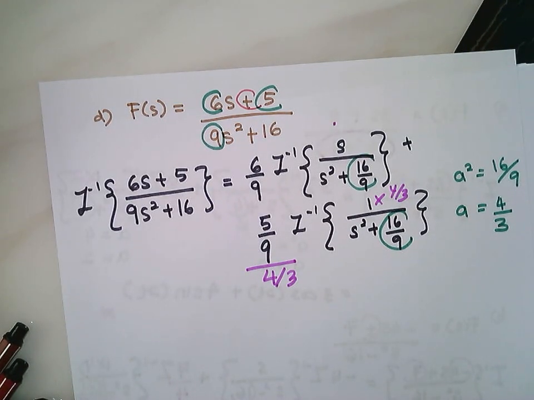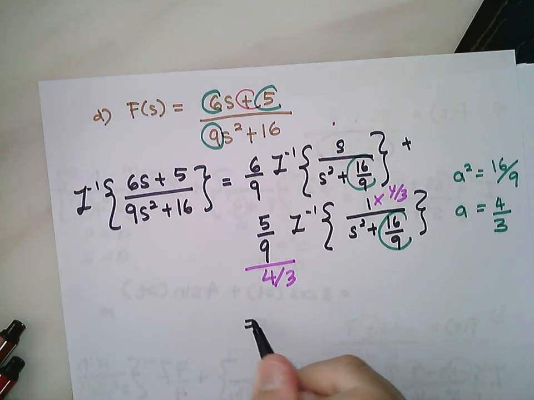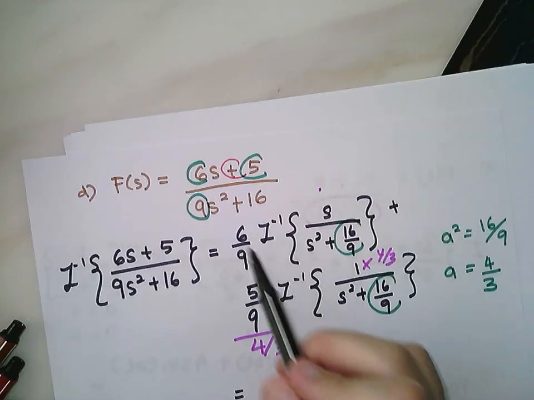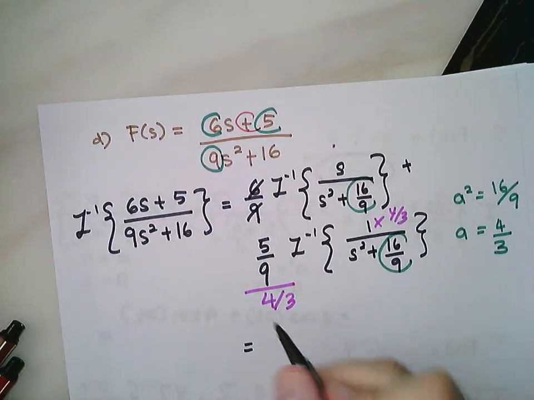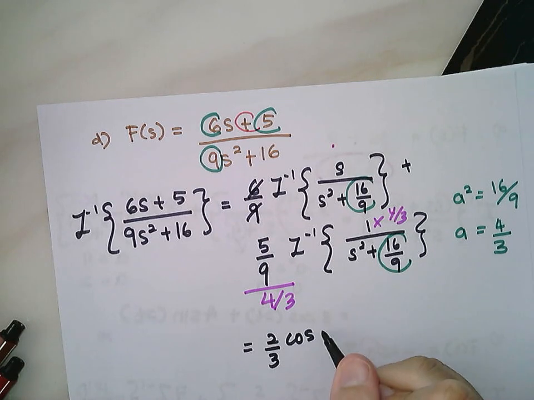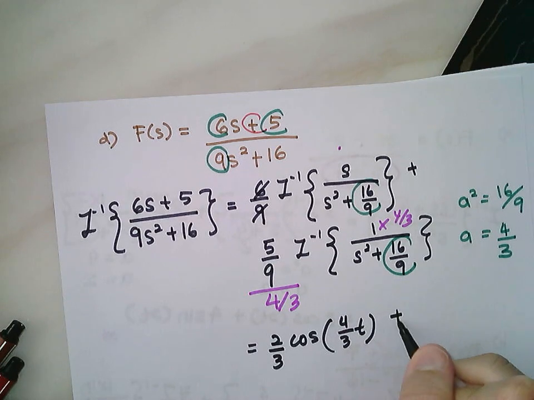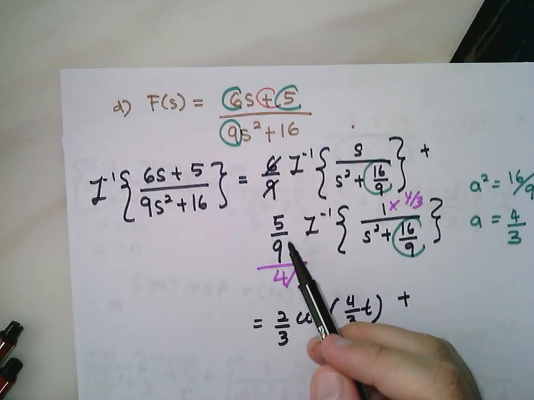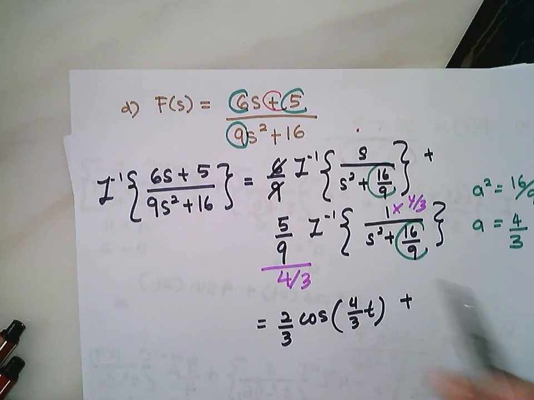So the inverse of this function is equal to, 6 over 9 you can simplify, you will have 2 over 3 cos 4 over 3 t plus, so 5 over 9 divided by 4 over 3 will give you 5 over 12.